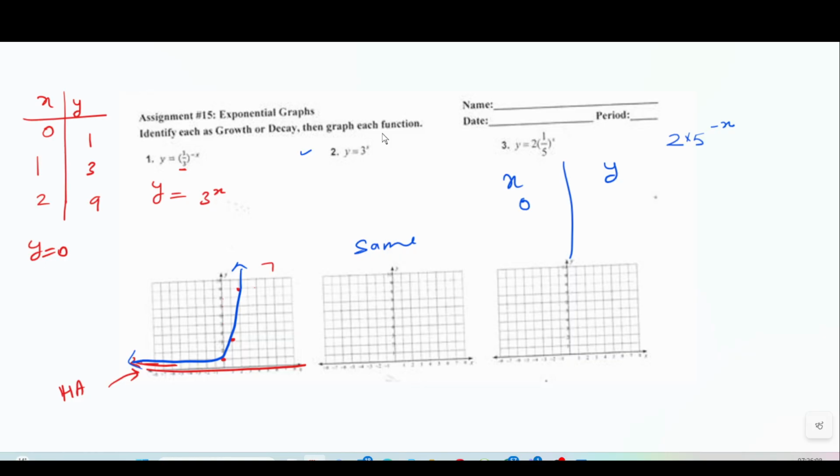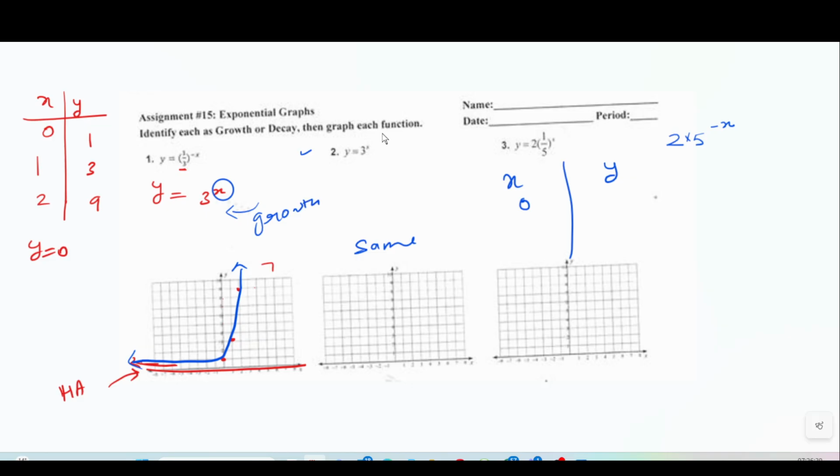We could just flip it around and do 2 times 5 to the power of negative x, right? But wouldn't that still be growth? No, the power is negative, so it still means that it is decay. Here the power was positive, that's why it was growth. Okay.